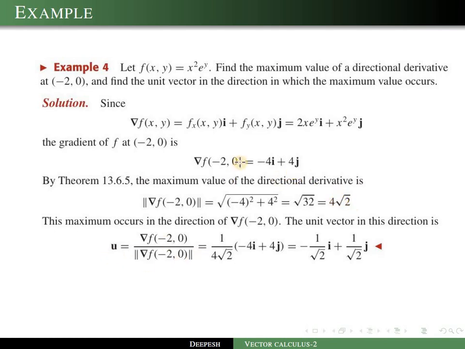So u cap is -1 by root 2 i plus 1 by root 2 j. And the minimum slope occurs in the direction of minus of del f. That is, it will be plus 1 by root 2 i minus 1 by root 2 j. Okay. So this is how one can use del f in identifying the highest slope, lowest slope, etc.